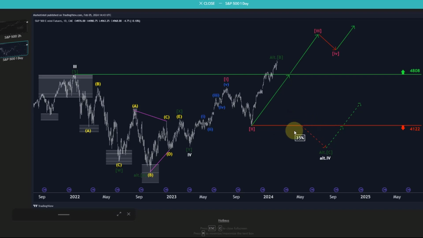We only assign this a 35% probability. In this scenario, the current rally would be a high B wave, and a C wave to the downside would follow somewhere into the region below 4,122. If we can see that this is unfolding, we will add a target area for this scenario.